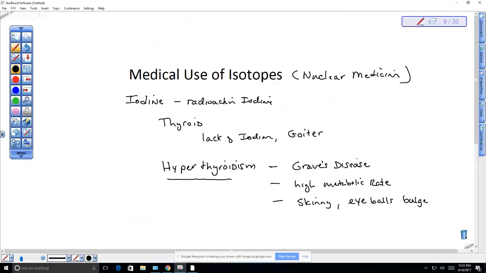So you can treat it with radioactivity, right? And sometimes we do that with cancer too. We use radiation to get rid of the tumor. And so this can be treated with radioactive iodine.